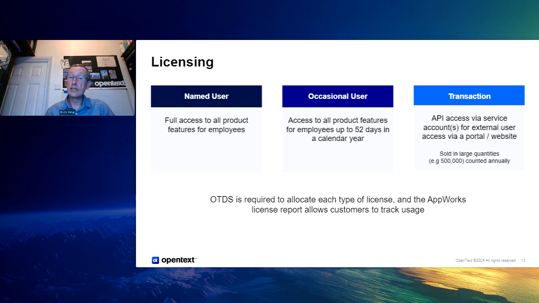That's what the transaction license is for, that kind of external access use case. One transaction is an API call, so a case or an interaction could require multiple API calls. We typically sell these in very large quantities, 500,000, 250,000, 10 million transactions a year, and the counter is reset every year.